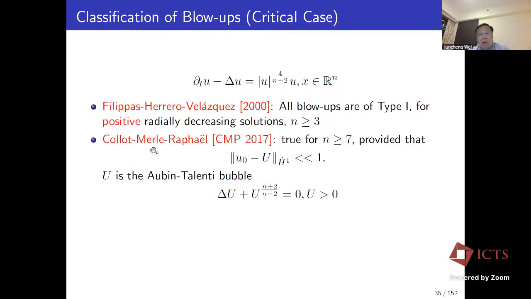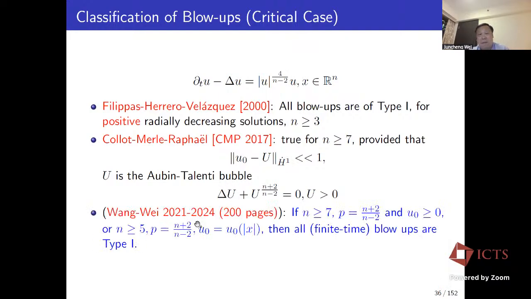And Collot, Merle, and Raphaël showed that for n greater than 7, if your initial data is close to one bubble in the D^{1,2} norm, then all blowups are type 1.